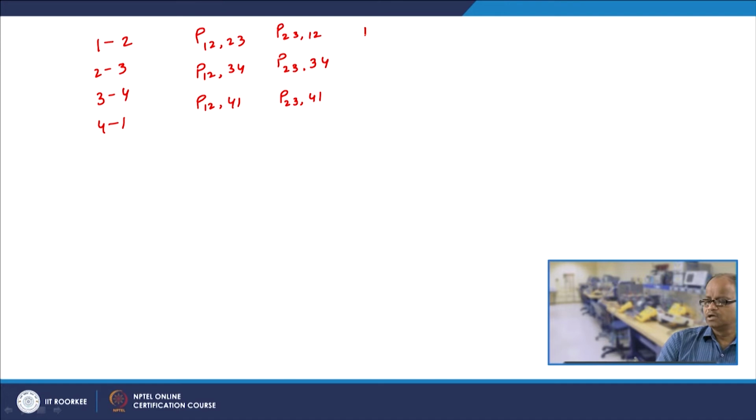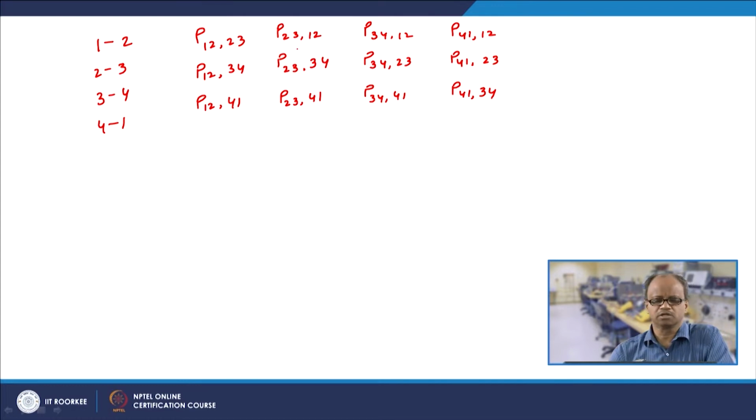And similarly, we will have P 3 4 due to 1 2, 2 3, 4 1, and lastly P 4 1 due to 1 2, 2 3, 3 4. So, we have all these combinations.